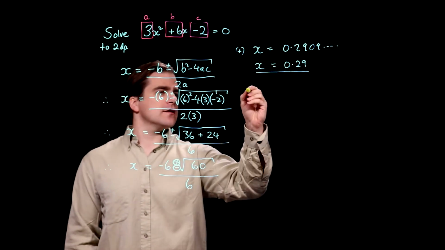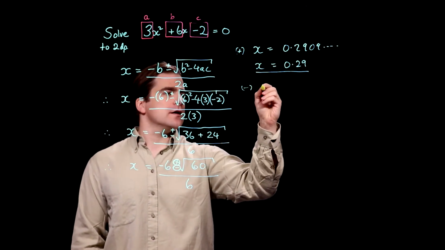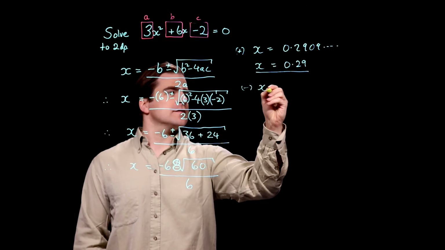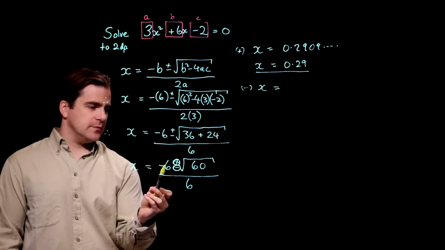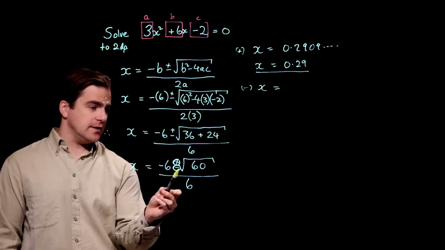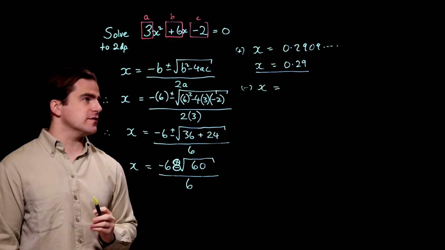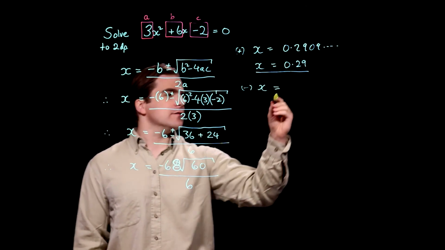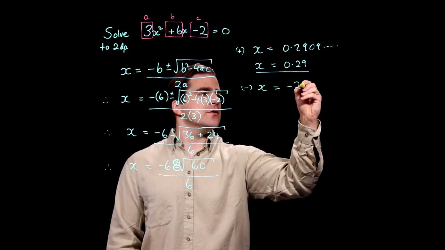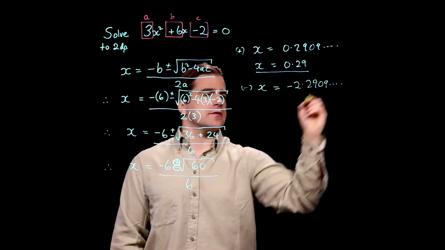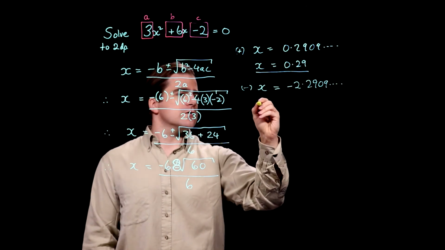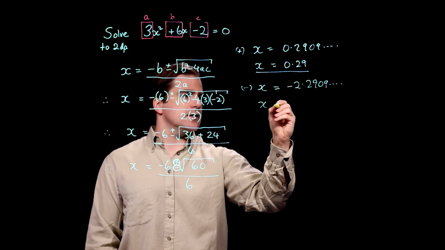So the negative solution is x equals minus 6, put this into your calculator, minus 6 minus square root of 60 all over 6, and that comes out as minus 2.2909 something something something.